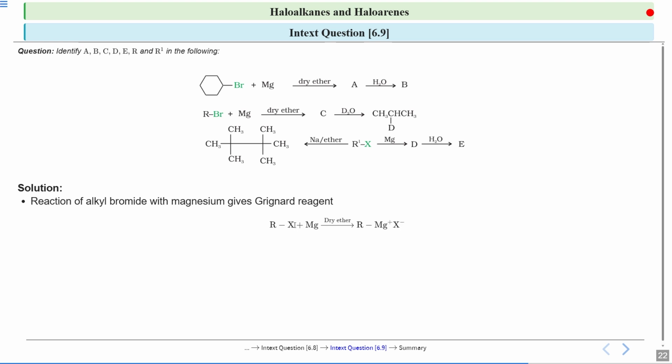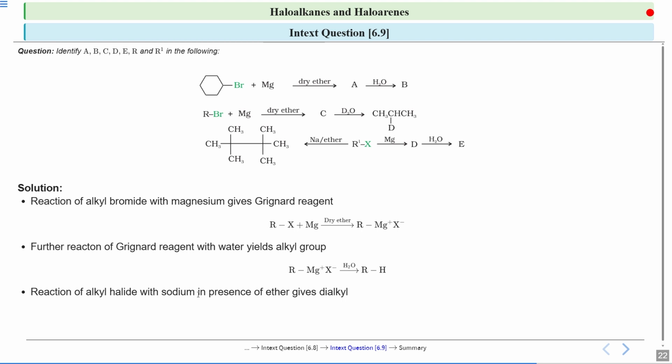If X is bromine, you get RMg positive, Br negative. Further reaction of this Grignard reagent with water yields an alkane. So when you react RMgX, the Grignard reagent, with water, you will get RH.